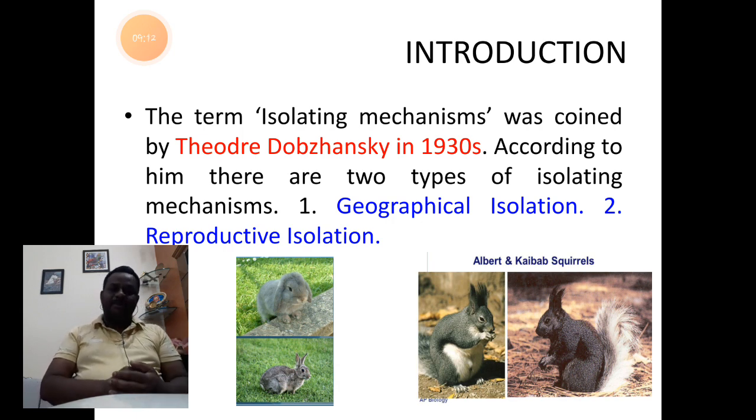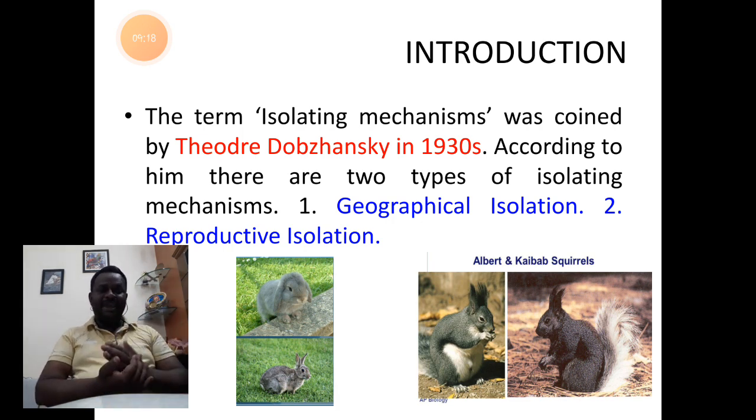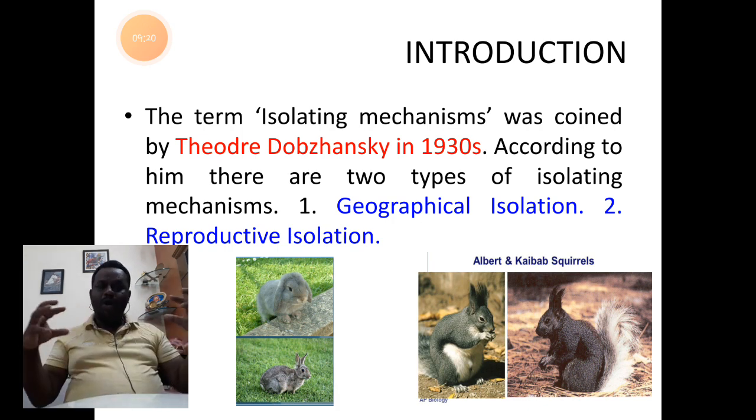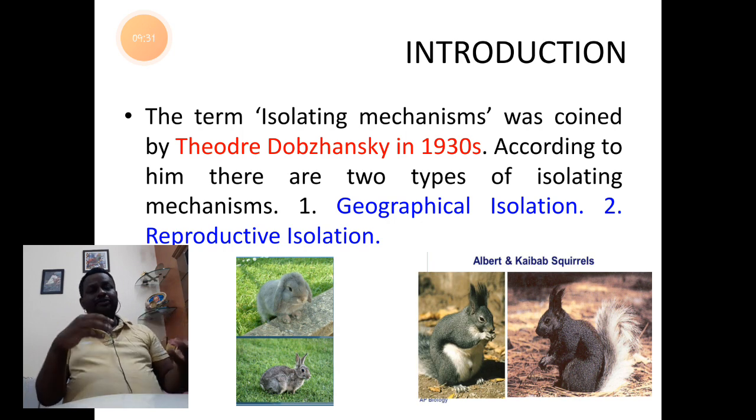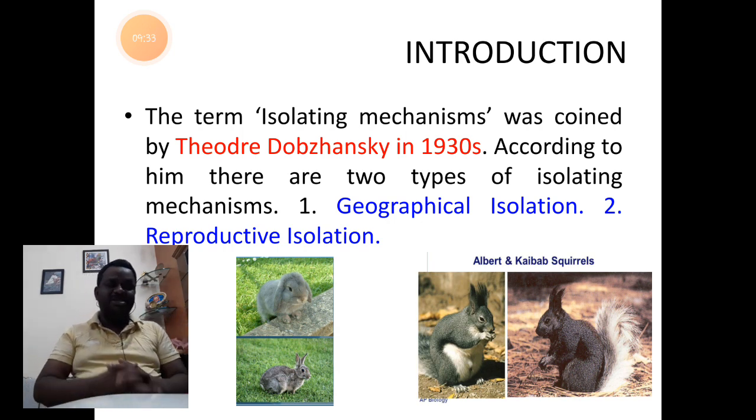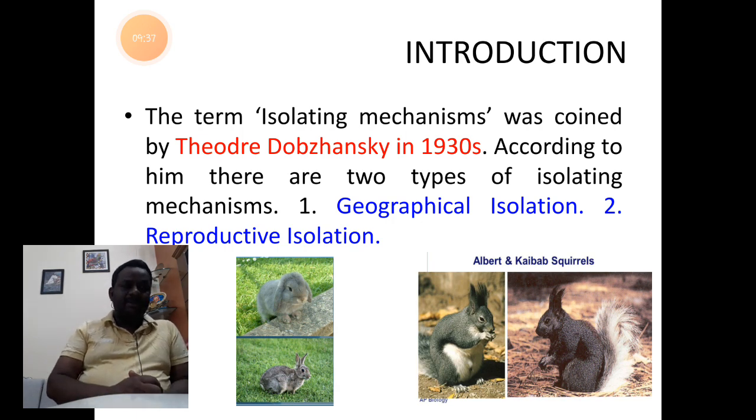Whereas in the second type, called reproductive isolation, the geographical barriers separate the original population into smaller groups, no doubt. But these smaller groups form totally different species due to genetic changes in them.